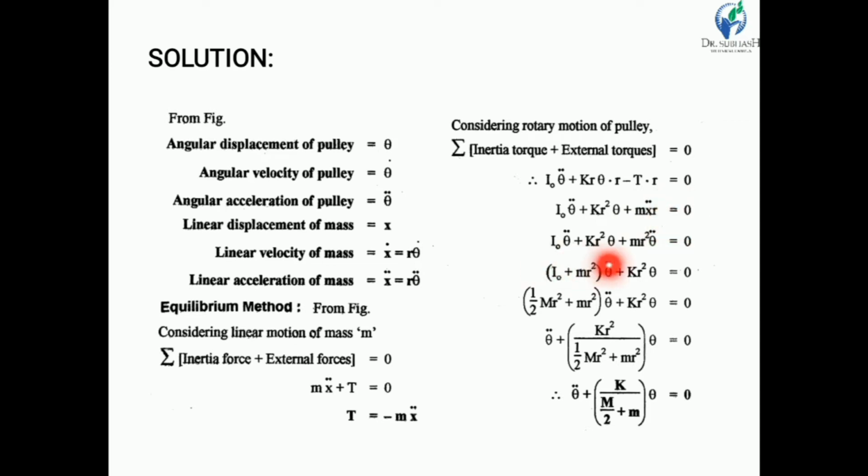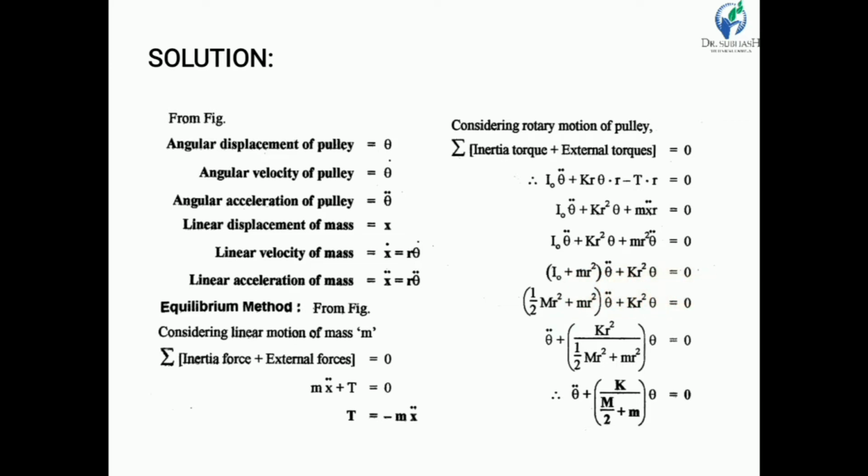So I O theta double dot plus K r square theta plus m r square theta double dot, because x double dot is equal to r into theta double dot. If we take theta double dot common, we get (I O plus m r square) into theta double dot plus K r square into theta is equal to 0.